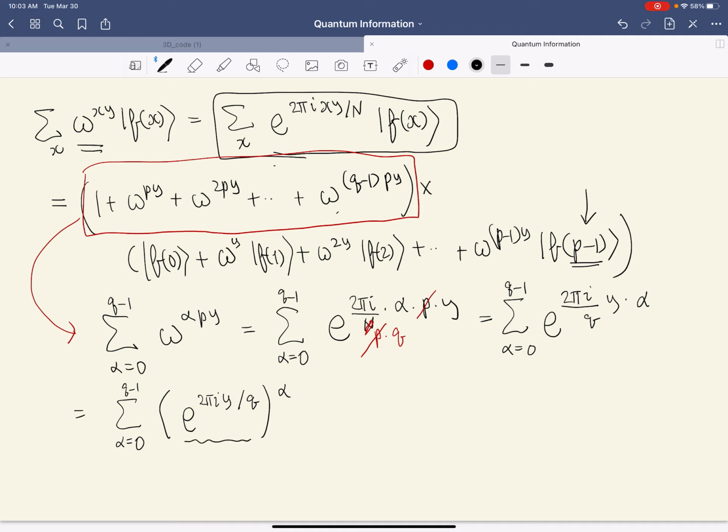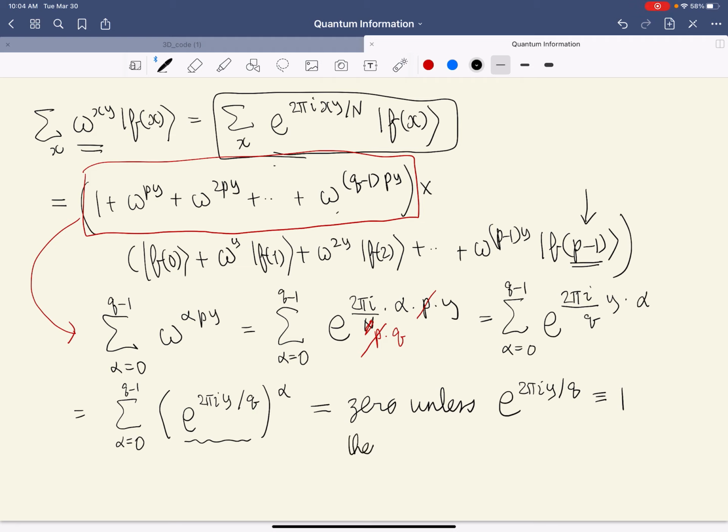And now, as is hopefully familiar, this geometric series is 0 unless this factor happens to equal 1.